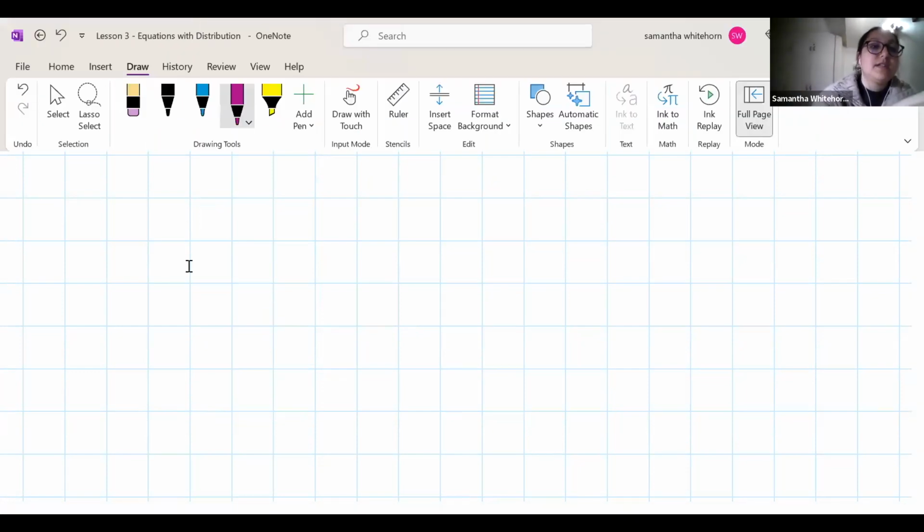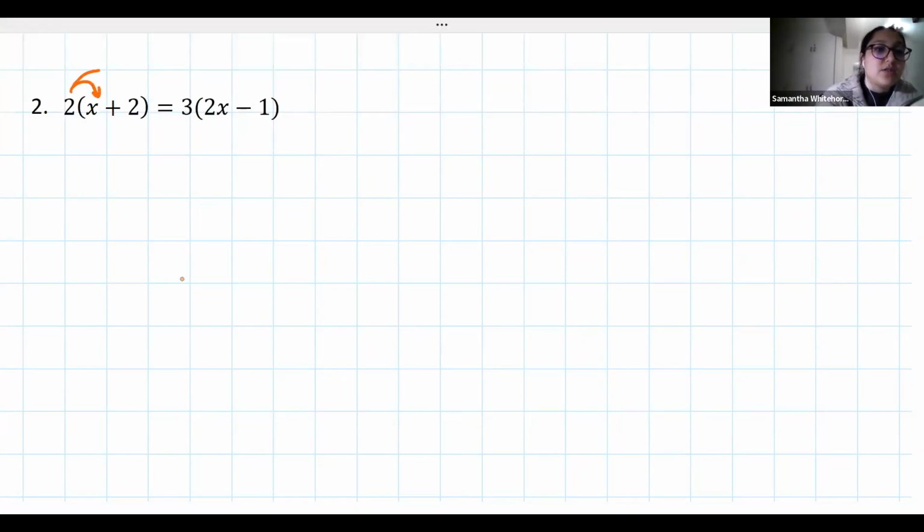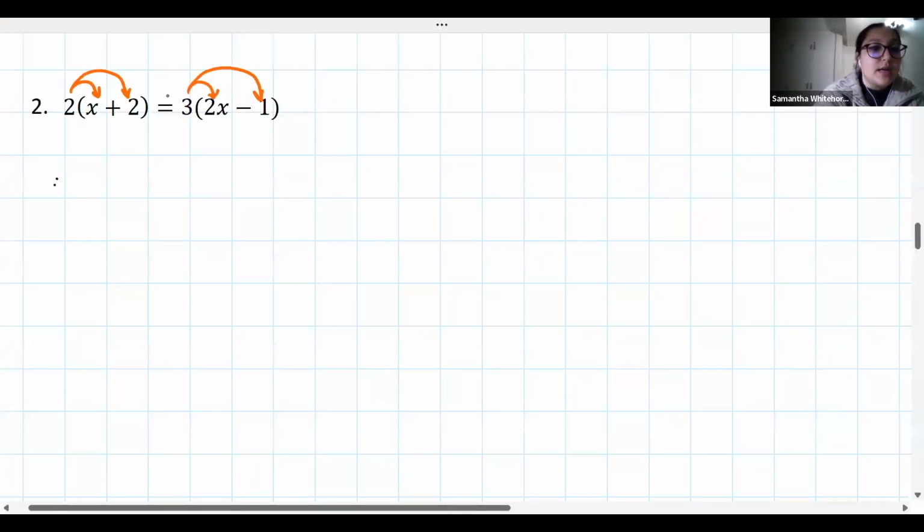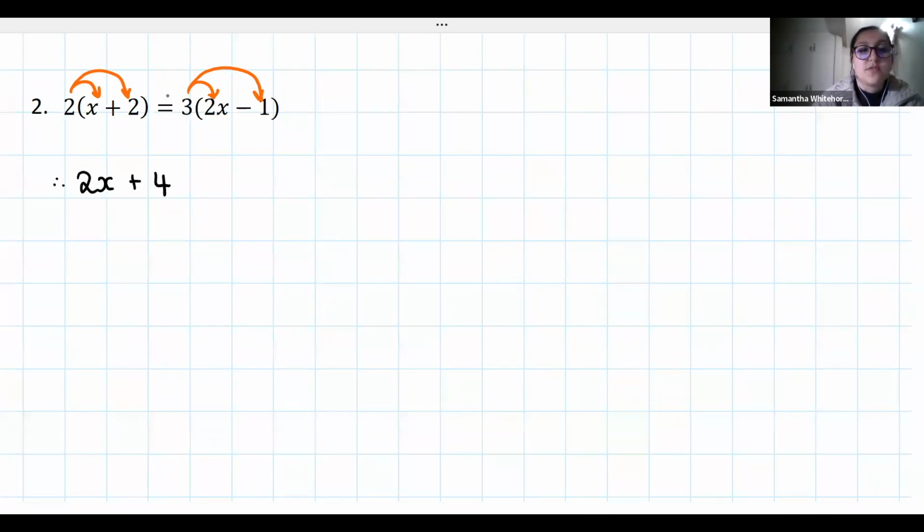If we look on the left-hand side, this 2 to the x and to the 2. And on the right-hand side, the 3 to the 2x and the minus 1. So if we do that together, 2 times x is 2x, 2 times 2 is 4, so 2x plus 4 on the left. On the right, 3 times 2x is 6x, 3 times negative 1, negative 3.